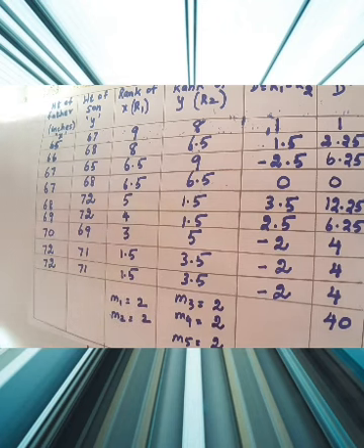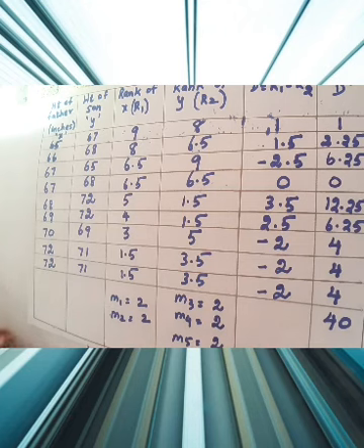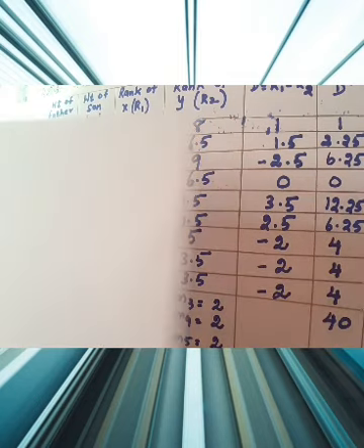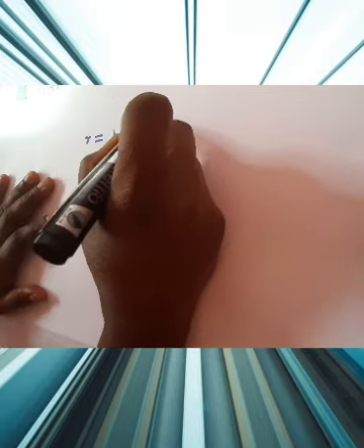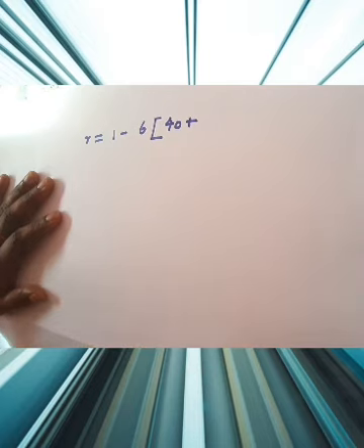Okay, students, are you all following my point here? So don't get puzzled. Now I will also use the calculator to calculate. So the formula, R is equal to 1 minus 6 times summation of d square, which we got is 40, plus you have m1, m2, m3, m4 and m5.